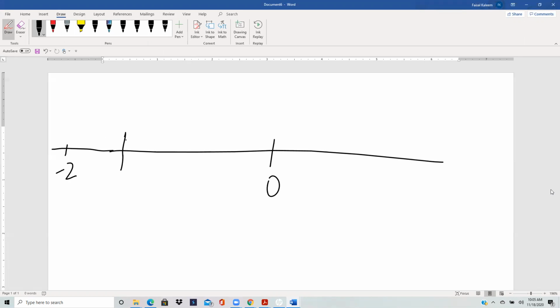Do you agree that it would be looking like this, that you have negative 1, negative 2, and then negative 1.7 will be somewhere here? I've drawn it too much in the middle, but you agree that negative 1.7 will be somewhere in between negative 1 and negative 2, right? Right. Okay.